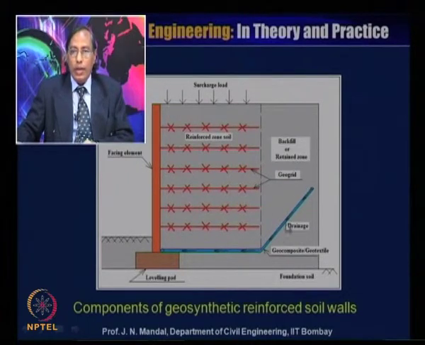You can provide drainage at the back of the reinforced soil wall, because if there is development of hydrostatic pressure, proper drainage should be provided, preferably with an incline. The water can pass through the drain to the toe. This is the leveling pad, and sometimes you can also provide geocomposite or geotextile material.